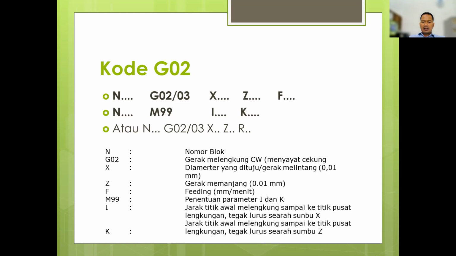For I, this is the distance from the starting point to the center of the radius, perpendicular to the x-axis. And for K, it is the distance from the starting point to the center of the circle or radius, but perpendicular to the z-axis.